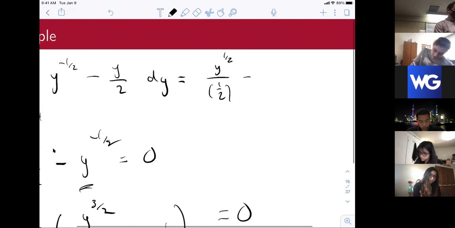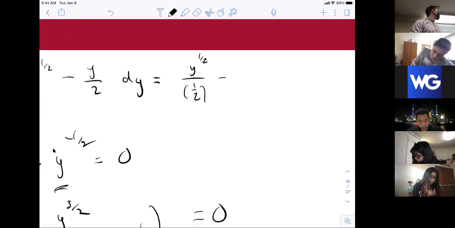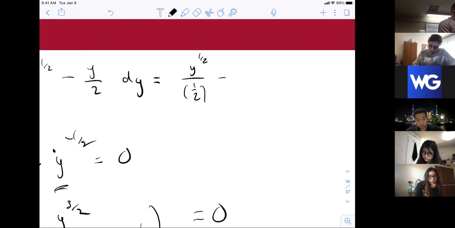Minus, what's the integral of y over 2 with respect to y? Remember, this is y to the first. I'm going to erase the first because it looks like y prime. It would be y squared divided by 4.